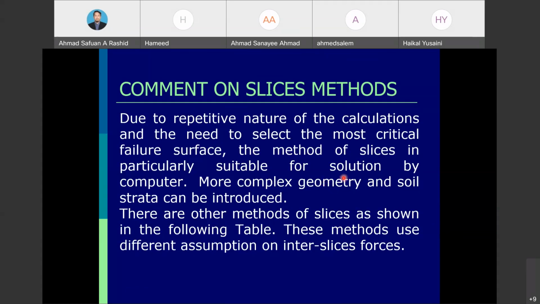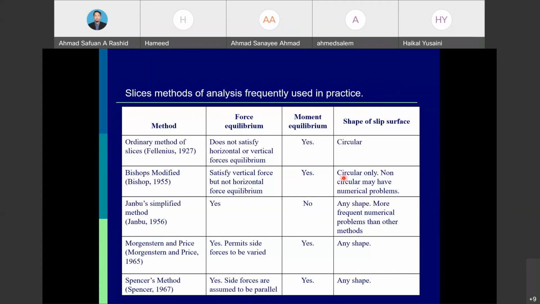There are other methods of slices listed in the following table. This method uses different assumptions on inter-slice force. So this is some of the approaches.